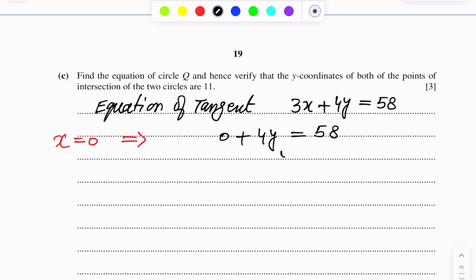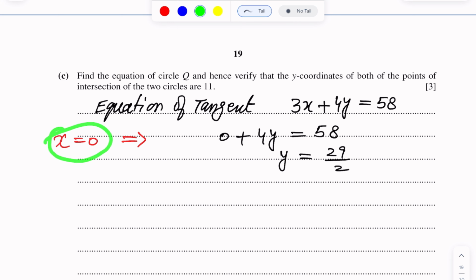From here, y is equal to 58 over 4, that is 29 over 2. So the coordinates of the center of the circle Q will be (0, 29 over 2).